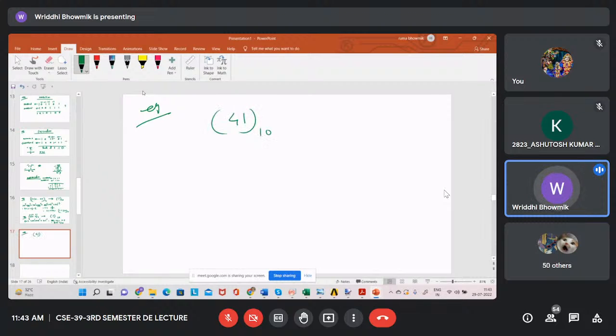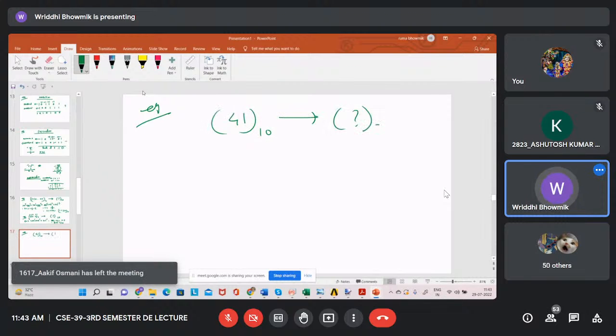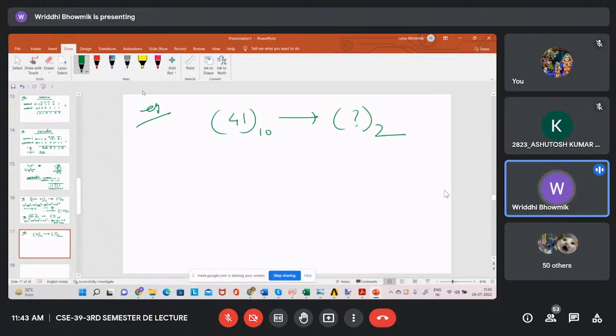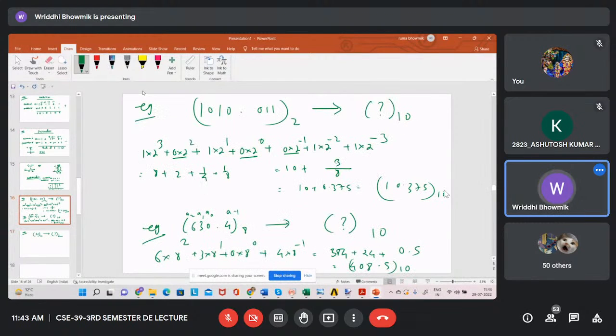41. This is the decimal system. Then you have to convert it to the base 2 system. When going from decimal to binary, in this case, you have to do the division by 2. Here, what you have done? You had multiplied the coefficient with the power of 2, and in the second case, you had multiplied the coefficient with the power of 8 to obtain the decimal numbers.